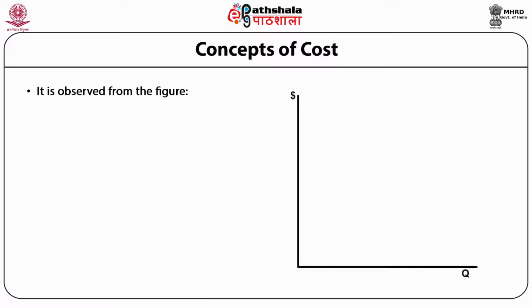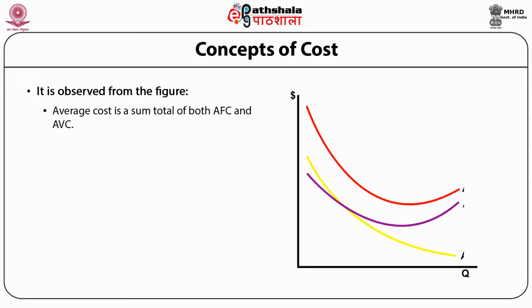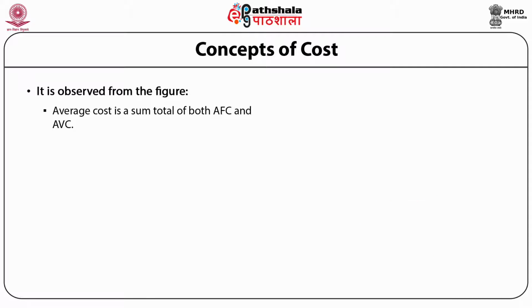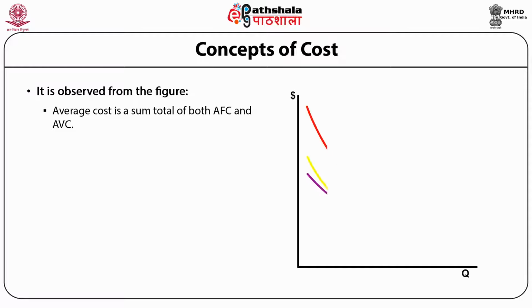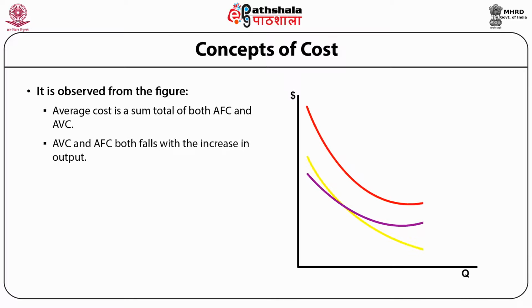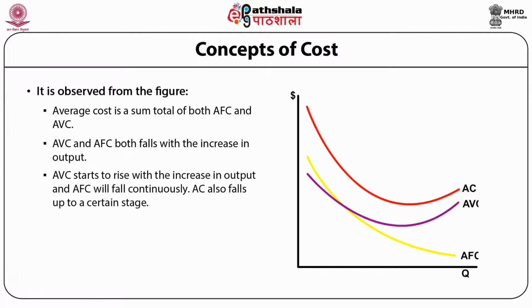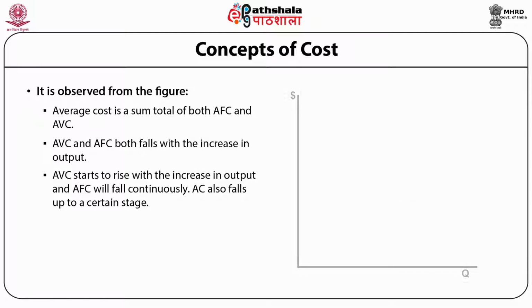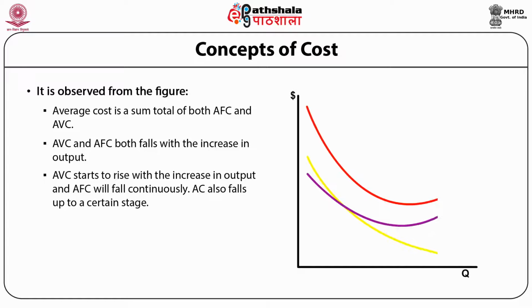It is observed from the figure that average cost is the sum total of both average fixed cost and average variable cost. Average variable cost and average fixed cost both fall with the increase in output. AVC starts to rise with the increase in output, and AFC will fall continuously.